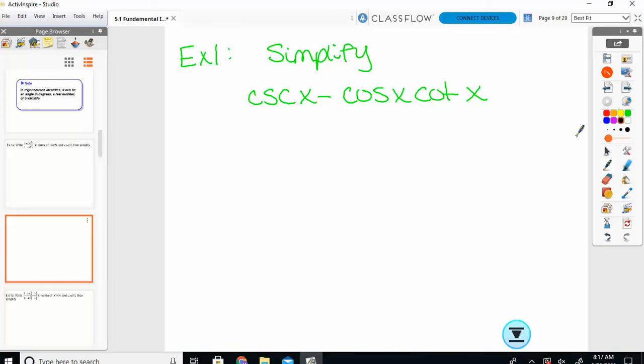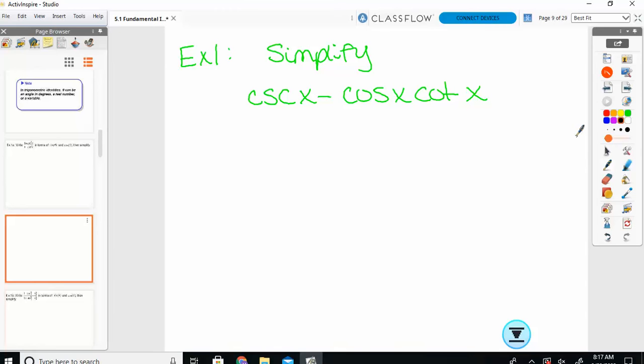Simplifying a trig function means we take it and turn it into something equivalent. I'm not necessarily changing the problem, but I'm finding an equivalent way of writing it. A good starting point, especially if you don't know where else to go, is to write everything in terms of sine and cosine.